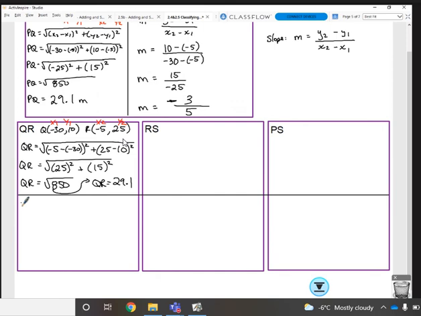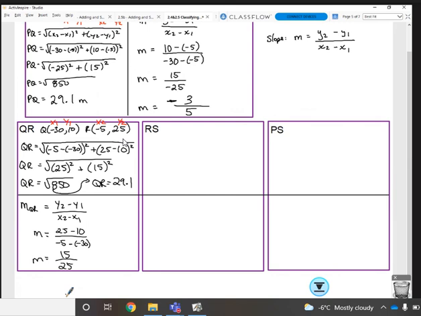So we can now do maybe the slope of QR equals y2 minus y1 over x2 minus x1, which is 25 minus 10 over negative 5 minus negative 30. 25 minus 10 is 15 over positive 25 for sure.